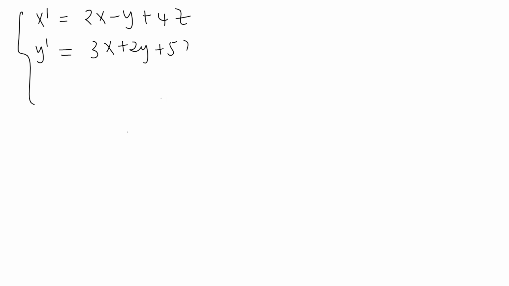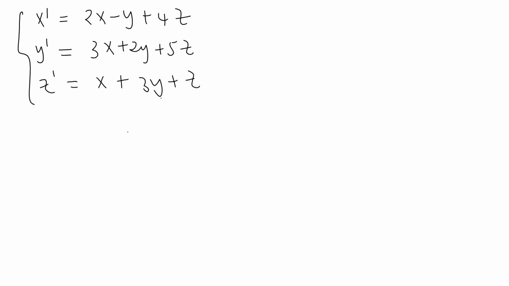So we had x prime equal to 2x minus y plus 4z, y prime equal to 3x plus 2y plus 5z, and z prime equal to x plus 3y plus z.